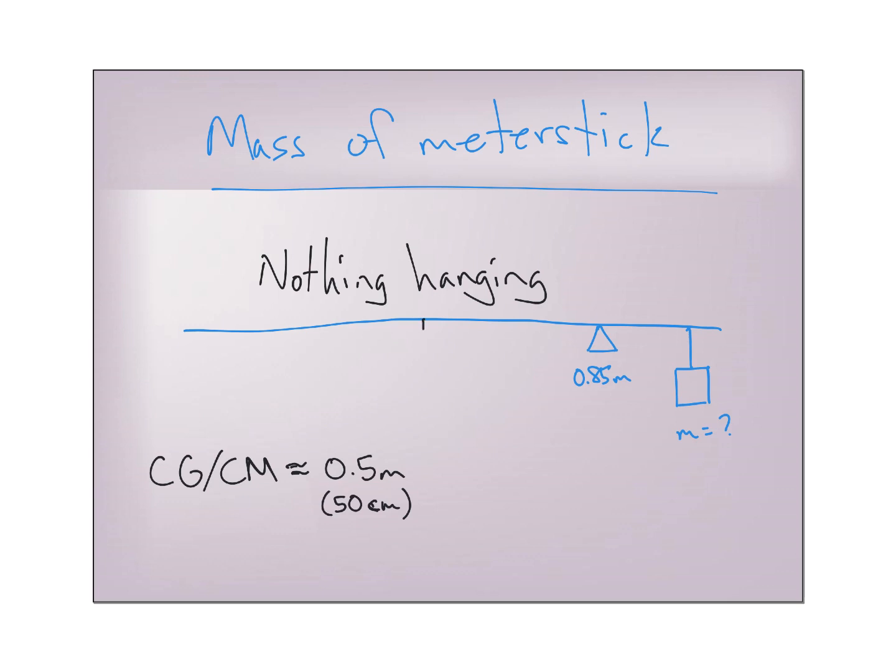The force acting down, or the mass of the meter stick, is going to be located at this point, whatever that ends up being. That lever arm is going to be roughly 35 centimeters. Again, if yours is at 51, then it's going to be 34 centimeters. That's a very important detail to pay attention to.